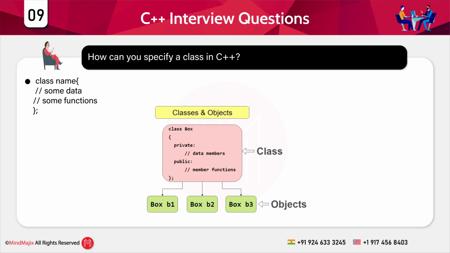Then you have the name, which you can choose as per your own convenience. Then you have two curly braces, the beginning and the end, and inside this you have the data and the functions associated with that particular class. Finally, you conclude your class declaration with a semicolon.